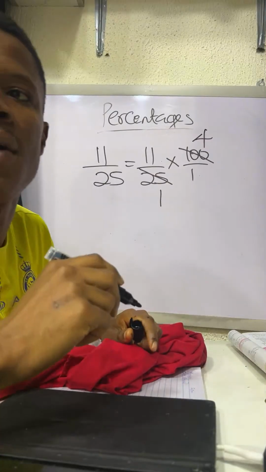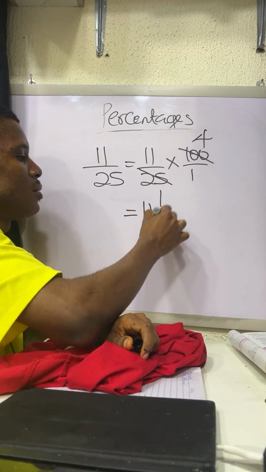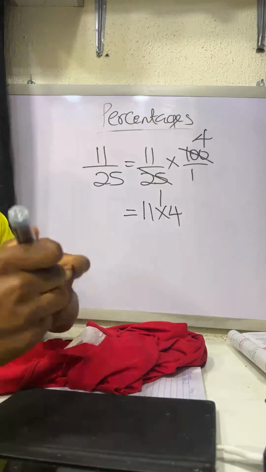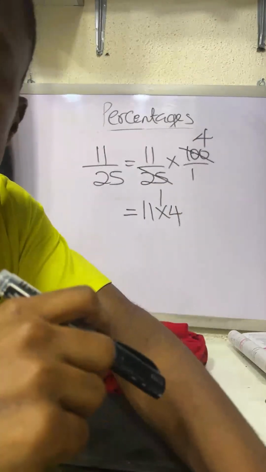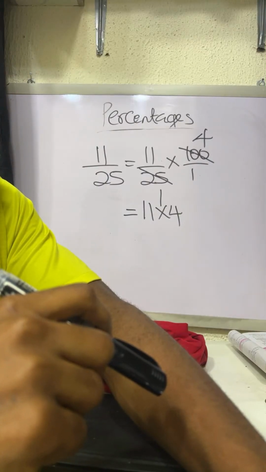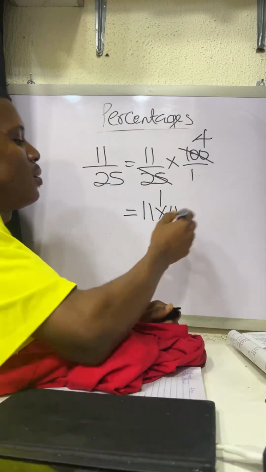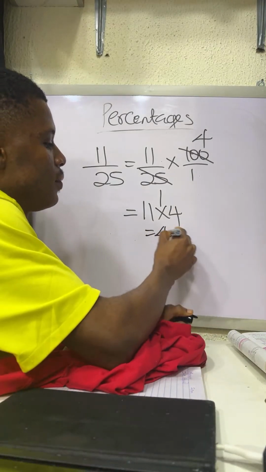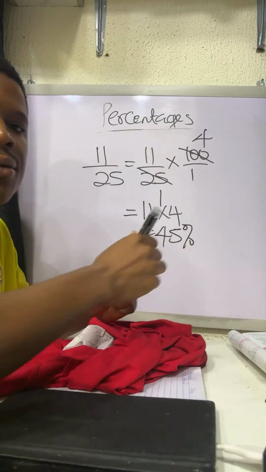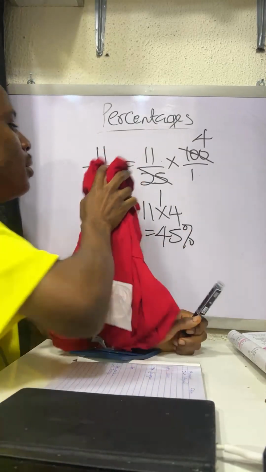So if you get 4, now you can see that the answer is 11 times 4. What is 11 times 4? 44. Thank you, Nametia, for commenting. So you have it as 44. So the answer is 44%. This is very, very simple.